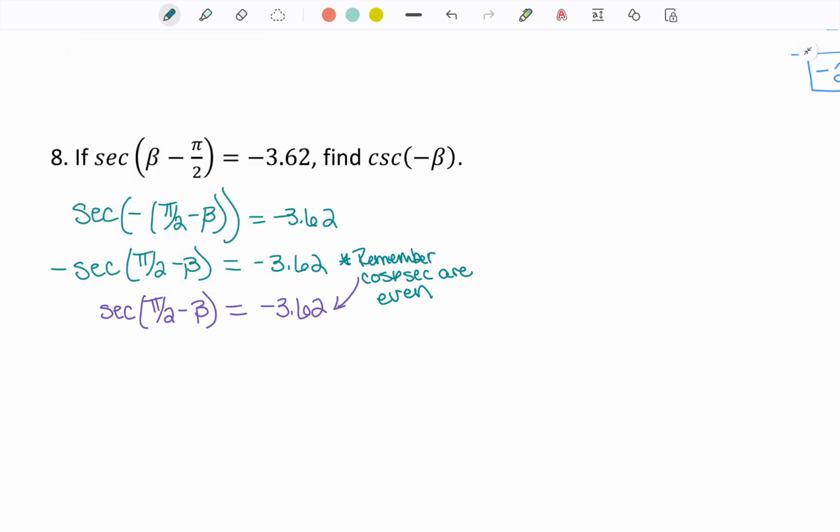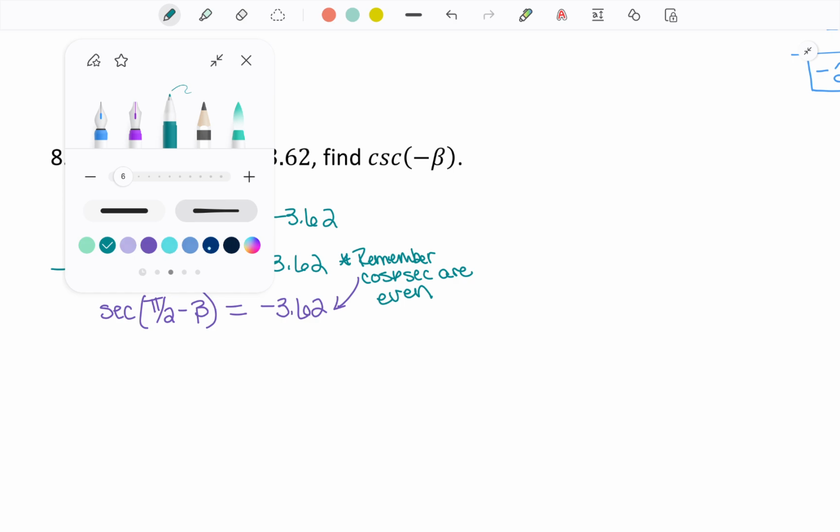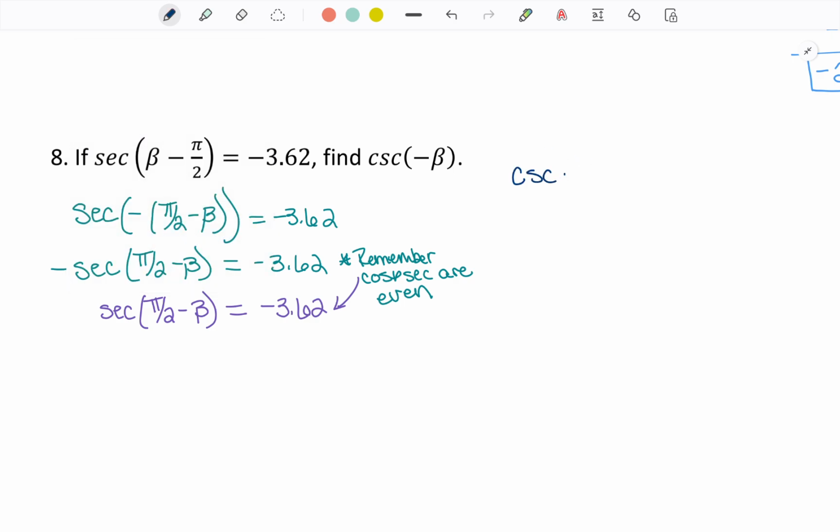And then we are going to substitute that into cosecant beta equals the secant of pi over 2 minus beta. So now that we have these equivalent, we can say that cosecant of beta equals a negative 3.62 because we can just substitute in.